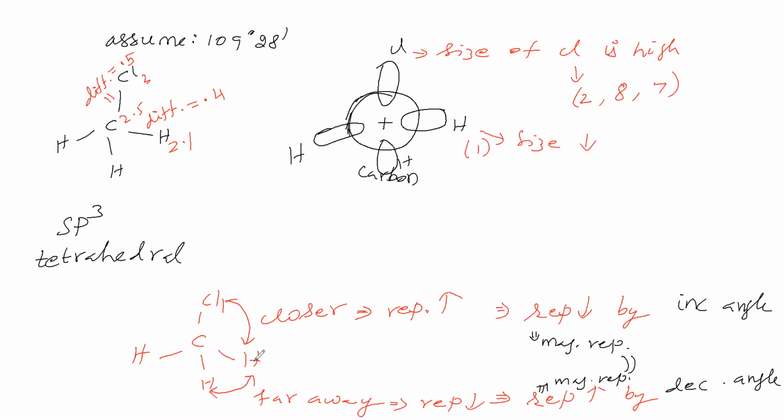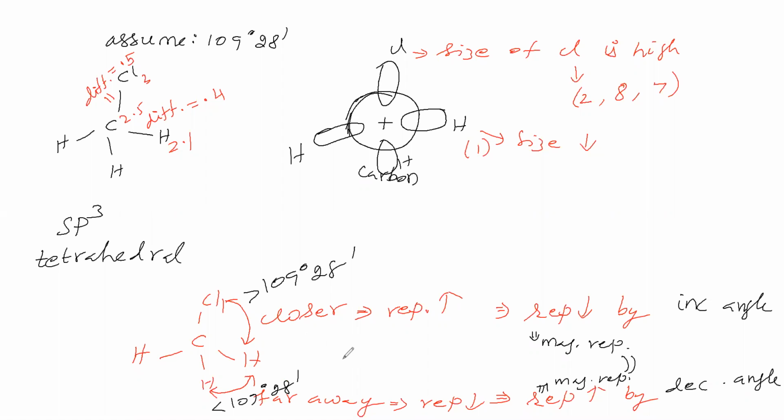At that time, the system becomes stable. Therefore, the angle between CCl and CH will not be 109 degree 28 minutes. It is greater than 109 degree 28 minutes, and the angle between these two CH bond pairs is less than 109 degree 28 minutes. So in CH3Cl, the angle is not 109 degree 28 minutes.